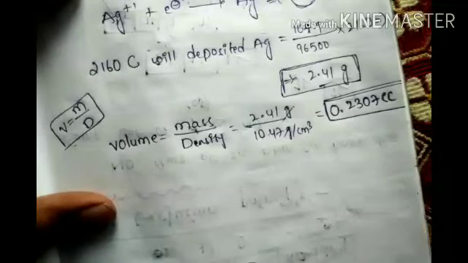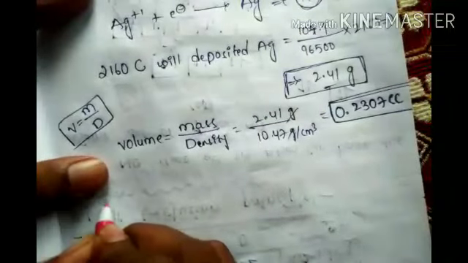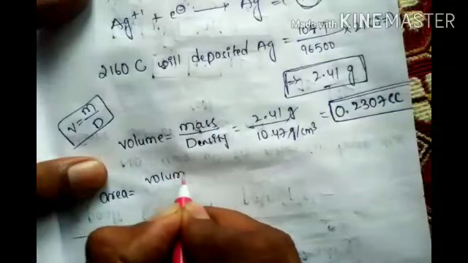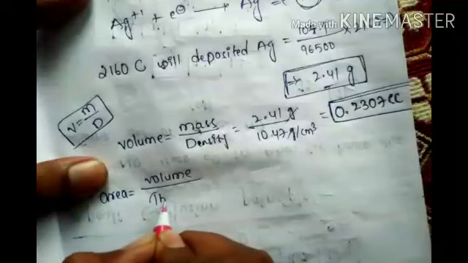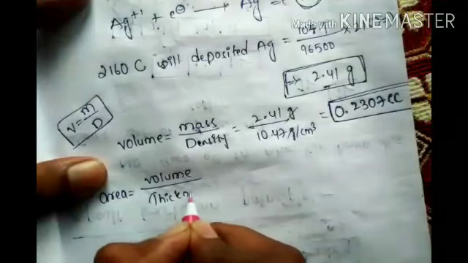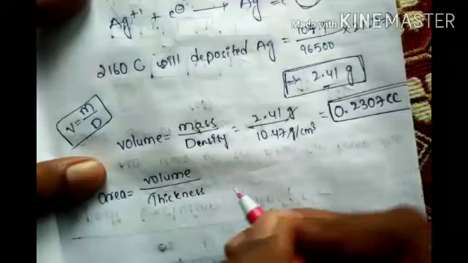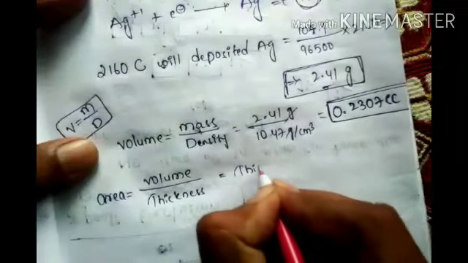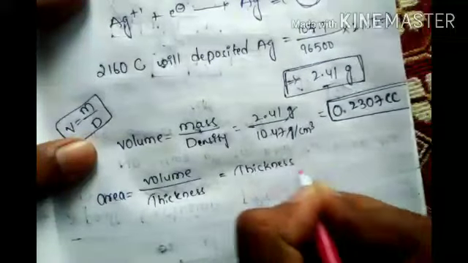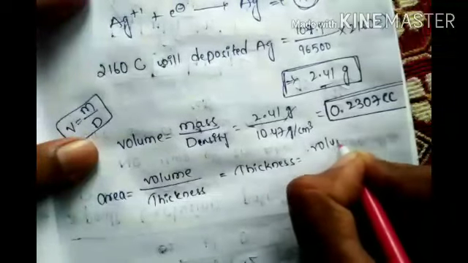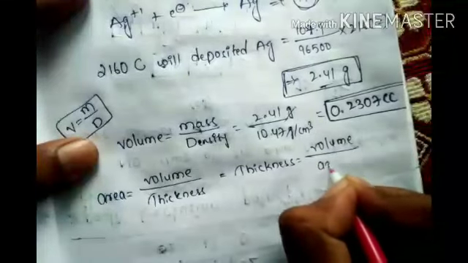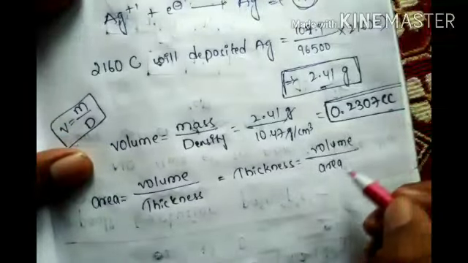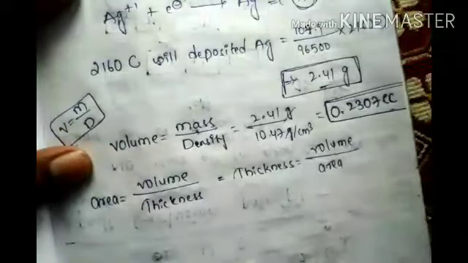Area equals volume by thickness. Now thickness equals volume by area. Now volume is how much? This much. How much area they given?